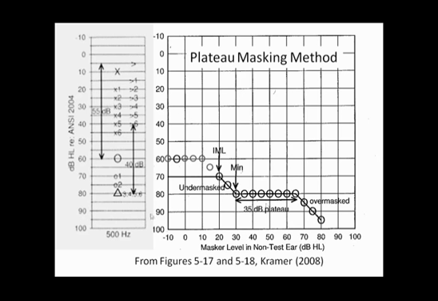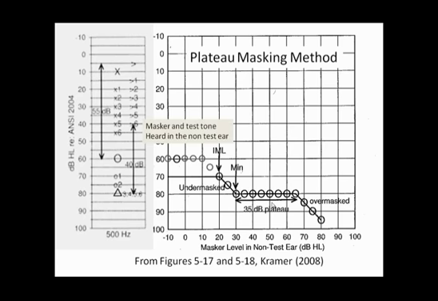In this undermasked part, the noise and the tone are detected in the non-test ear, or the left ear. On this part of the function, the noise and the tone are detected in the test ear. Now, of course, the noise is still being delivered to the non-test ear, but the point is that the test signal and the noise are heard in one ear, which would be the test ear.